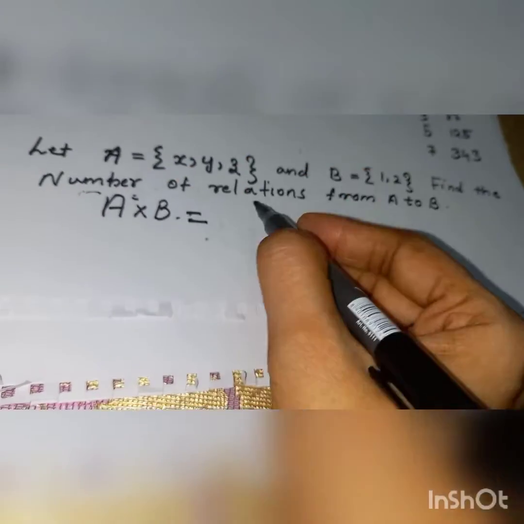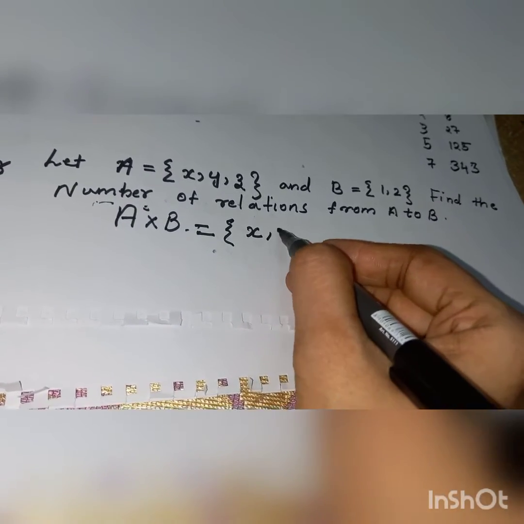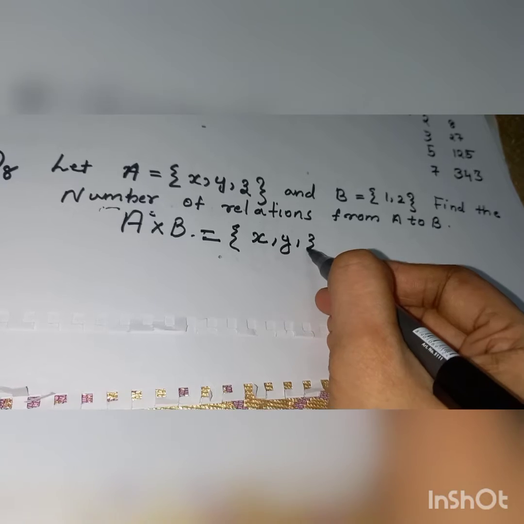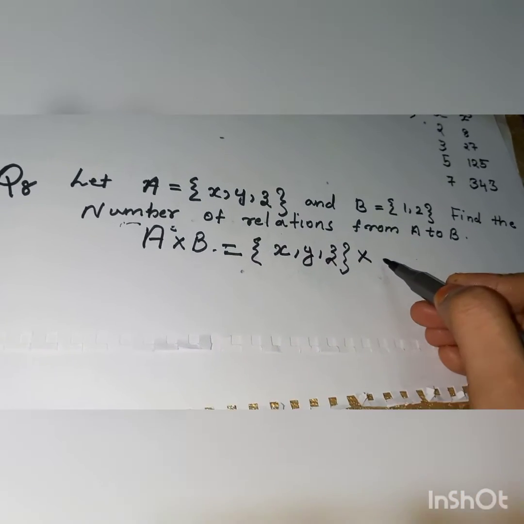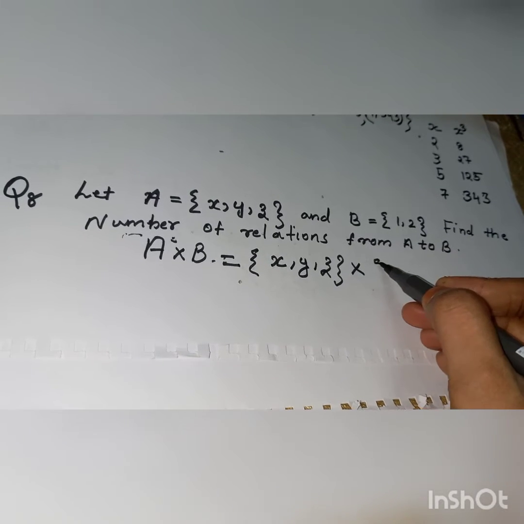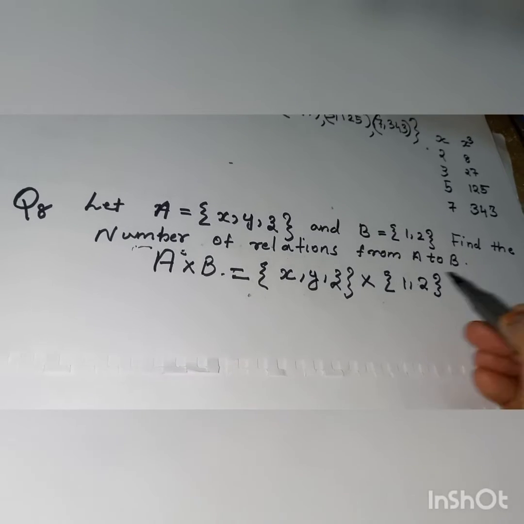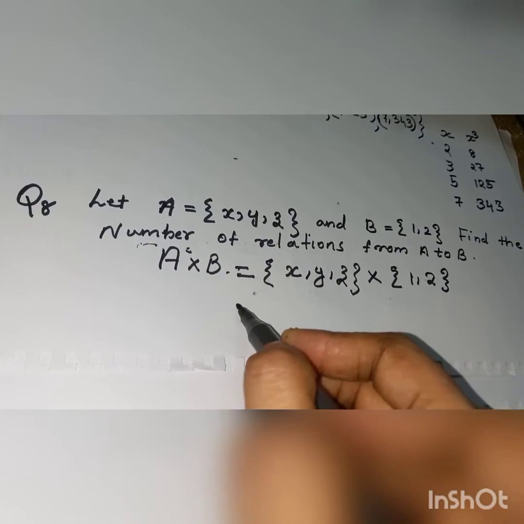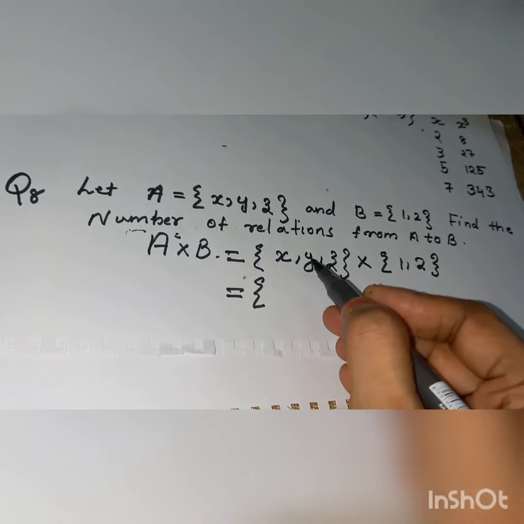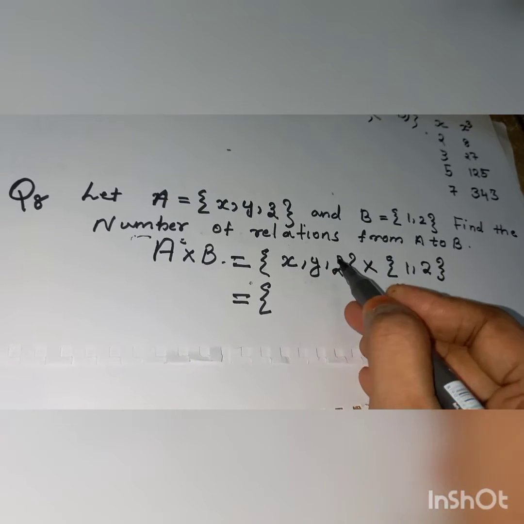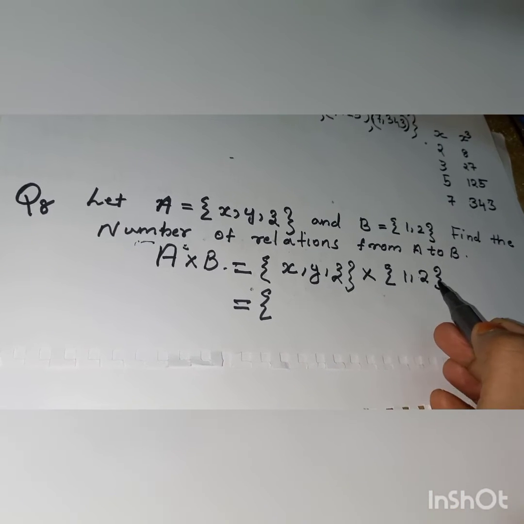A is equal to the set {x, y, z}, cross B, which is the set {1, 2}. Then what is A cross B here? We have to pair the elements of A with the elements of B.